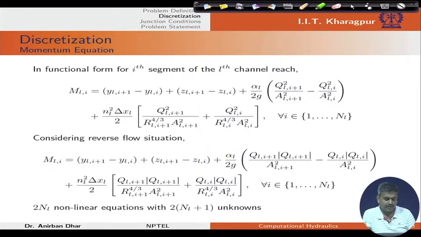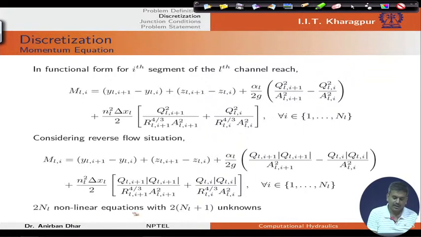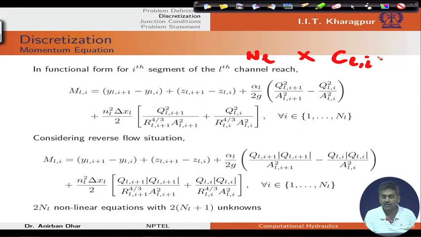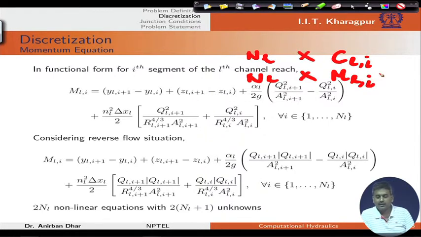As I have already mentioned, we have 2 NL nonlinear equations: NL number of equations corresponding to the continuity equation, and NL number of equations corresponding to the momentum equation. So, in total we have 2 NL plus 1 unknowns.